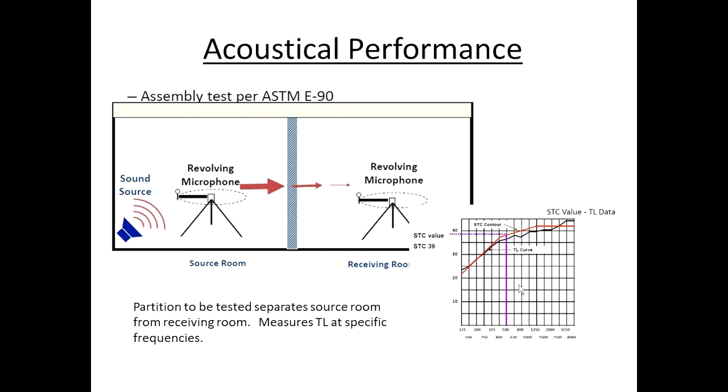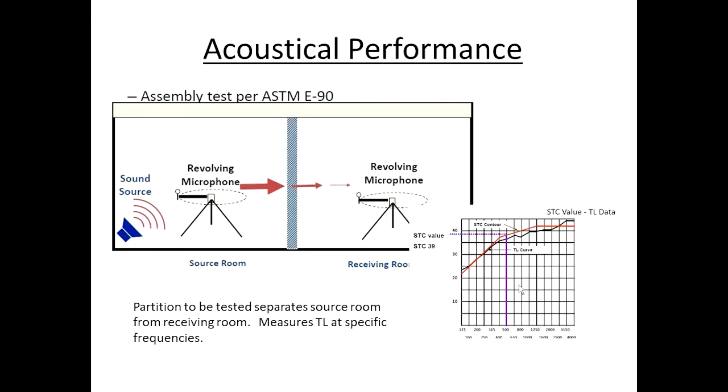One of the things I want you to be aware of is, if you look at that black line again, that is the response of that particular wall at those 16 frequencies. If I build another wall and have different components and I get the same 39 STC, it does not mean that wall will perform the same at each one of those 16 frequencies.